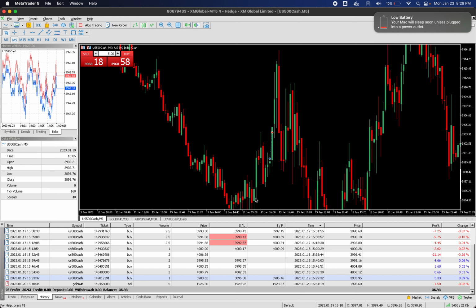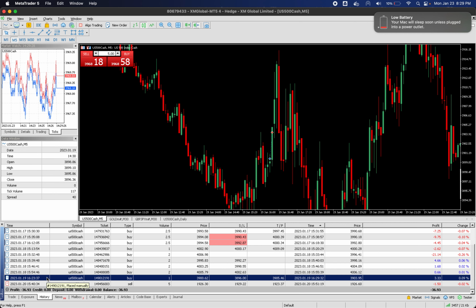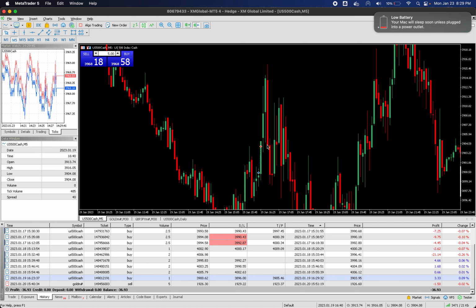And then I put my stop loss somewhere around 39.96, which was the low of this candle, right? So that's my stop loss, and I just decided to cover this wick right here, and then close the trade. It's a pretty good one.